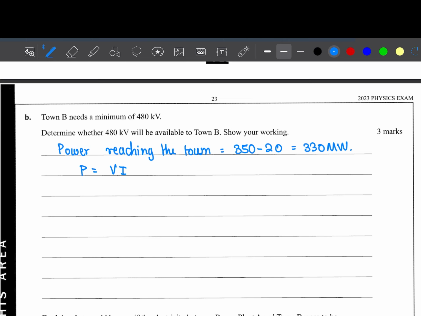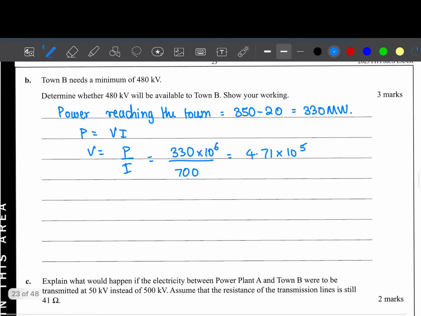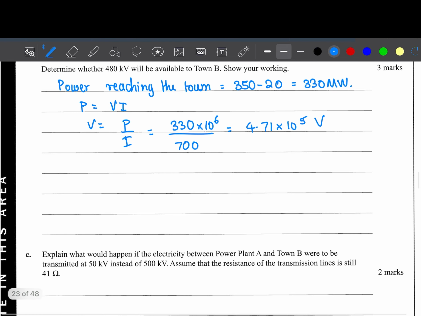So V equals P on I, so power is going to be 330 times 10 to the power of 6, converting again, divide by 700, which is the current, and that will give us 330 times 10 to the power of 6 over 700, 4.714. Okay, maybe I'll just leave the 4 out, times 10 to the power of 5 volts, because we converted that, so it has to be in the standard unit.